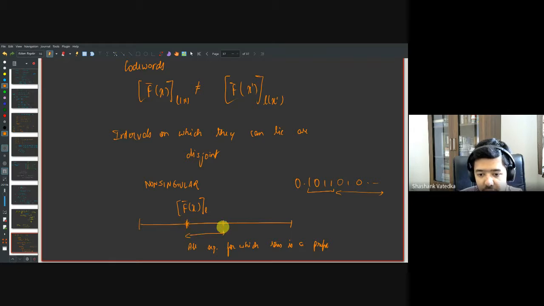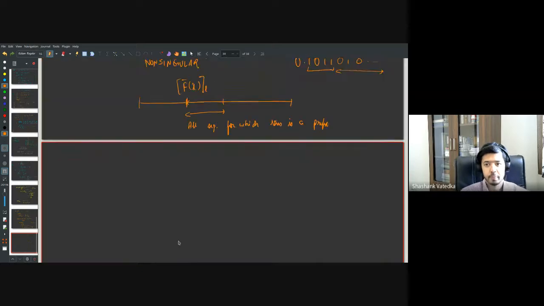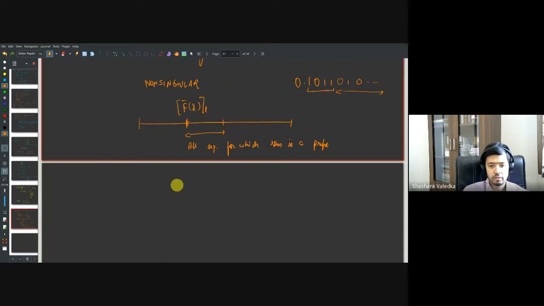And what is the length of this interval going to be? So this is L of x bits, and basically everything following this is going to be a sequence for which this is a prefix. Correct?